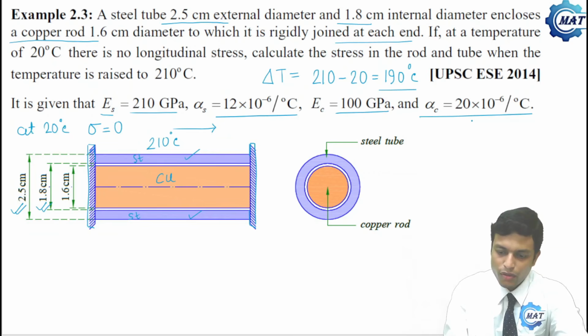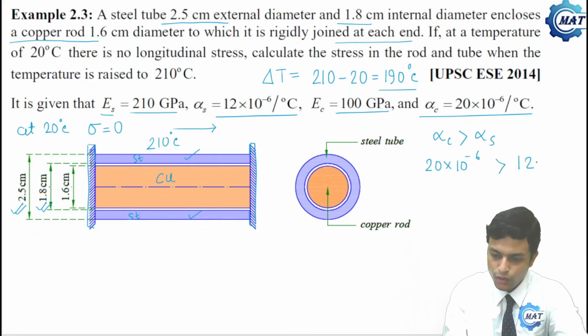Now we can note that alpha C is greater than alpha S. At 20 degrees they have equal length, say L.